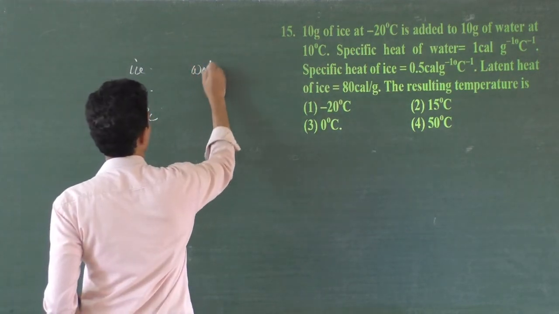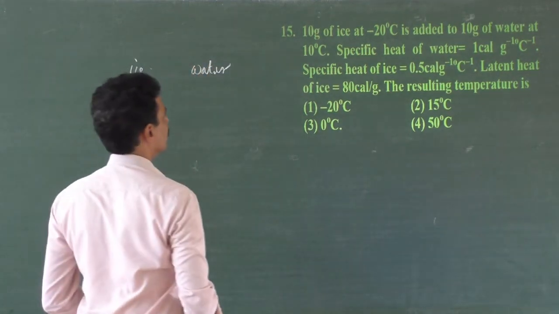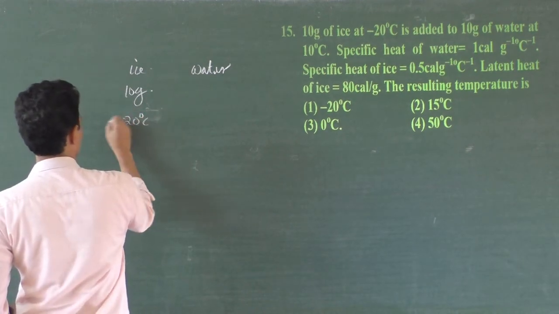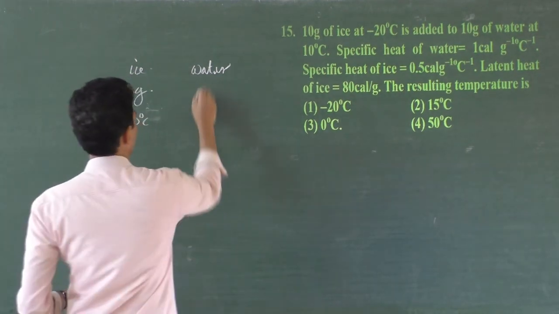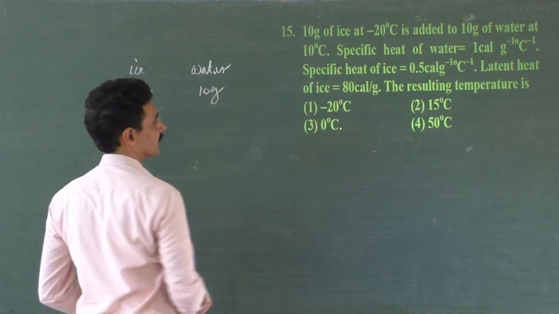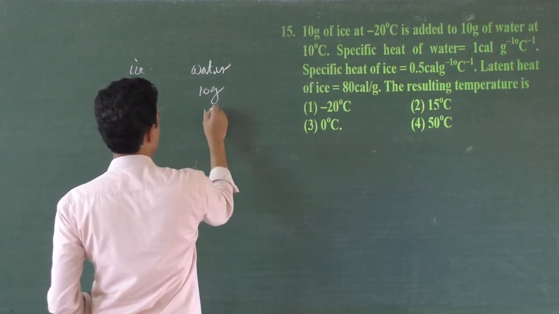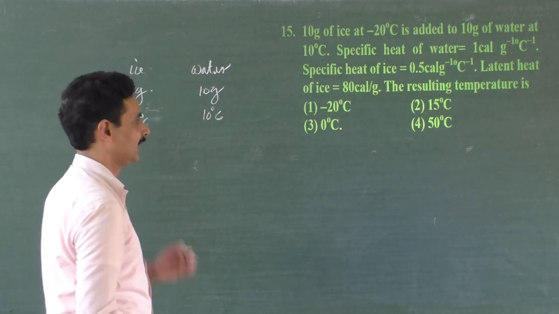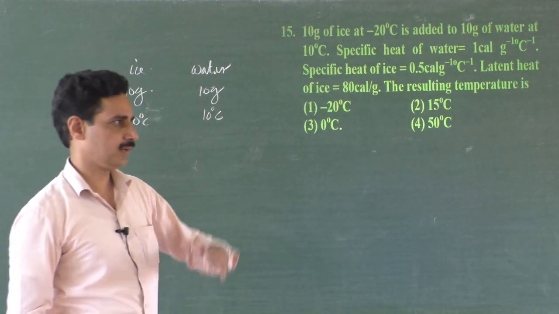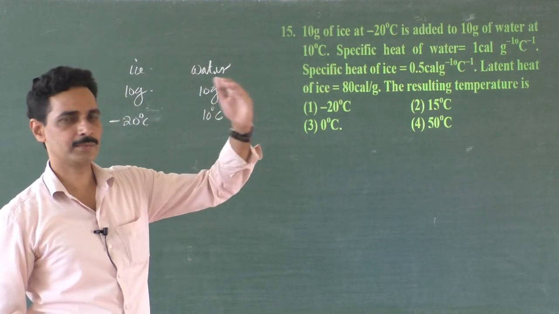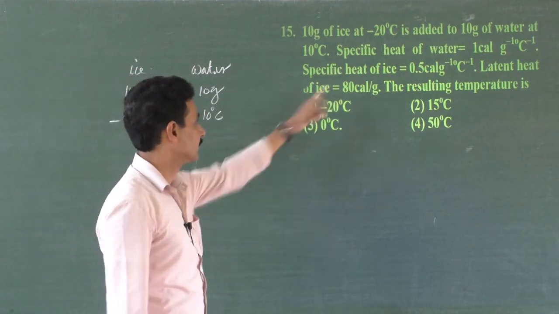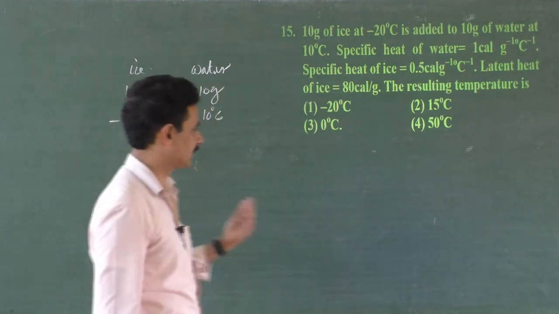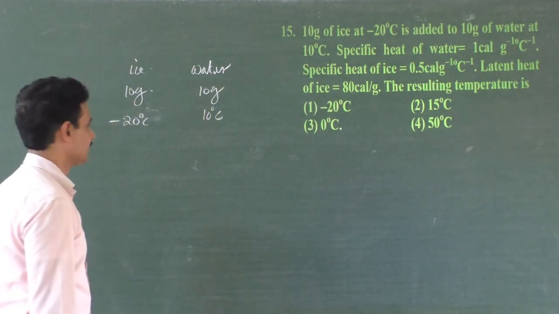Water, 10 gram at 10 degrees Celsius. Mass is same, so it is very helpful to us. Specific heat of water is 1 calorie per gram. We know it, right? Every 1 gram water to raise its temperature by 1 degree Celsius, you get 1 calorie. Specific heat of ice is 0.5 calorie. Latent heat of ice is 80 calorie. Okay, those are all known values. Resulting temperature is?